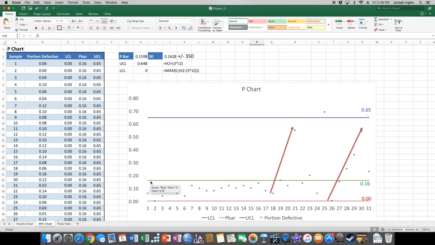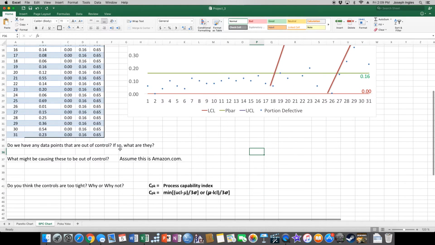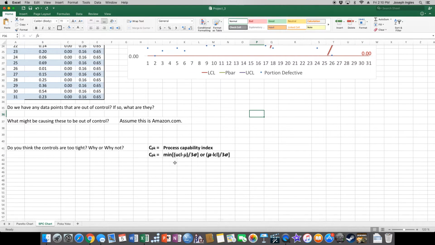In other words, our bottom line, the LCL, is much closer to the mean than the UCL. This number is no longer 3 sigma away from this one, therefore we can't assume a normal distribution anymore. So we use the CPK index to look to see which one that we're looking for.